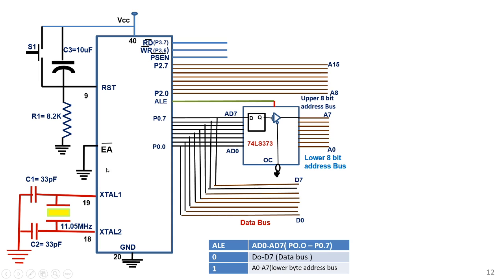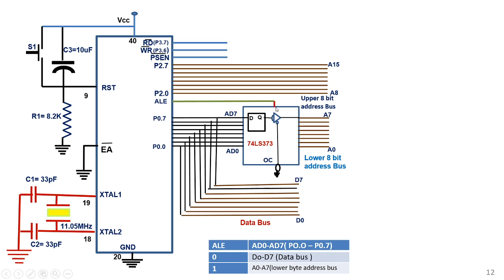This is the block diagram which shows how the external address is generated. So this is ALE. When ALE is equal to 1, then A0 to A7 and A8 to A15 generate the 16-bit address.